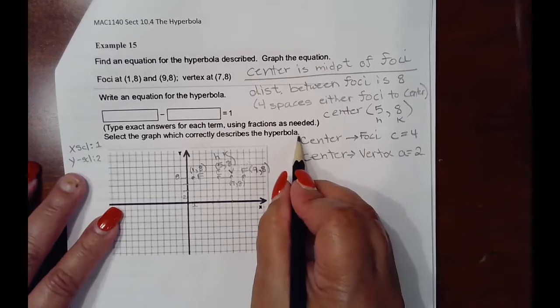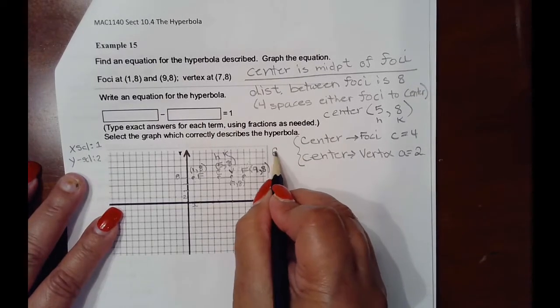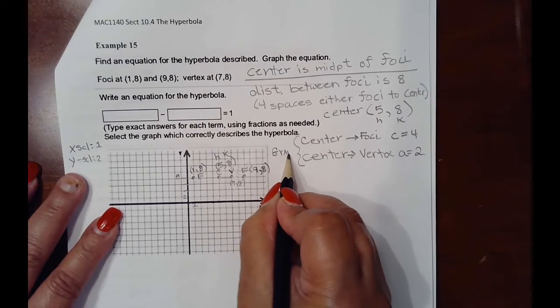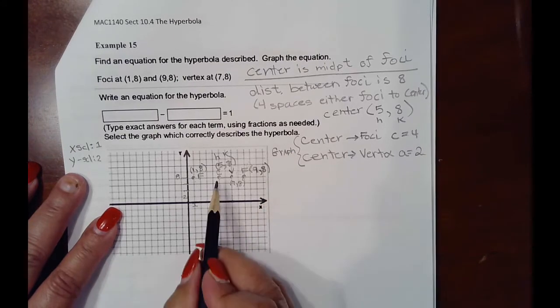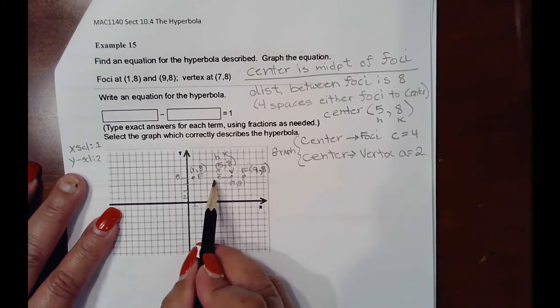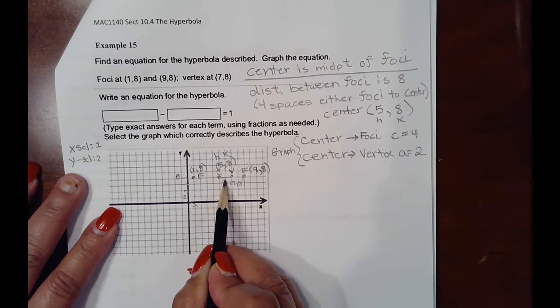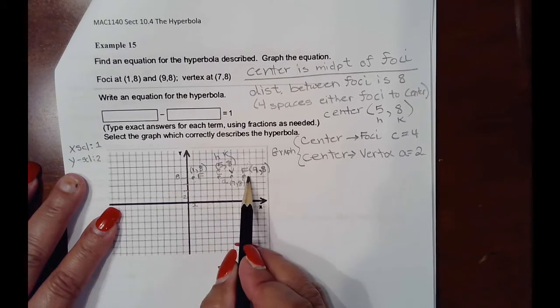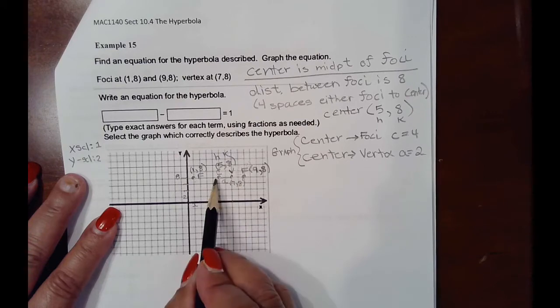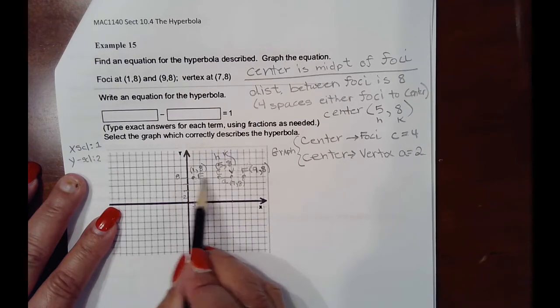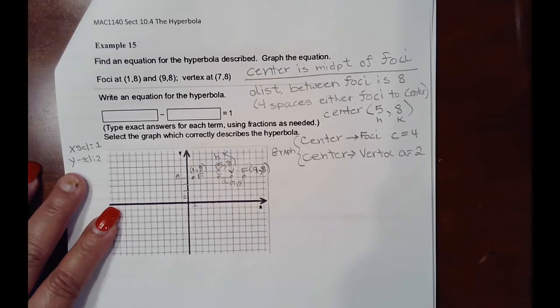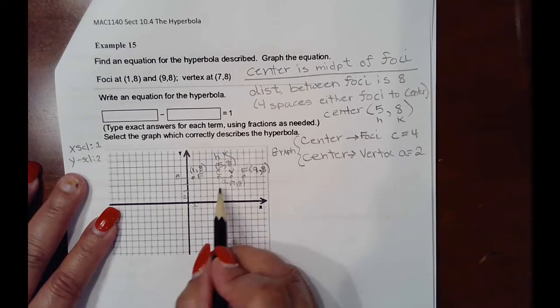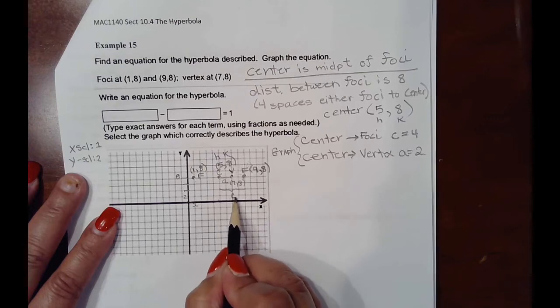And I can tell these things just by plotting the points and looking at the graph. I plotted my center, then my vertex. Notice there was 2 spaces. That's always the A value. I also looked at the distance between the 2 foci, which was a total of 8. Therefore, it was 4 to get to either of the foci. And that depicts from here to foci the C value.